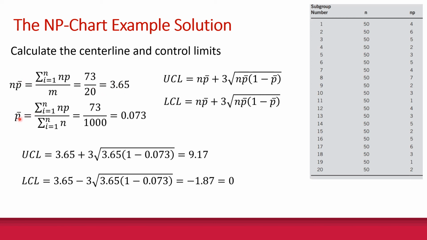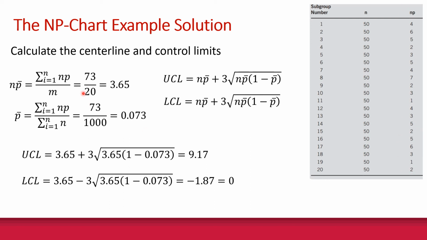P bar is simply the probability of one of those being bad. So it's the sum from i equals 1 to m of NP. What are we doing here? Well, we're simply adding up all of these NP values, i equals 1 to 20, so 4 plus 6 plus 5 plus 2 all the way down to 2.